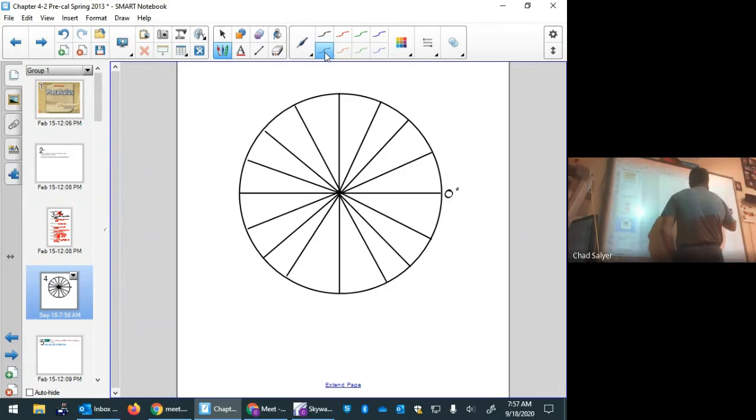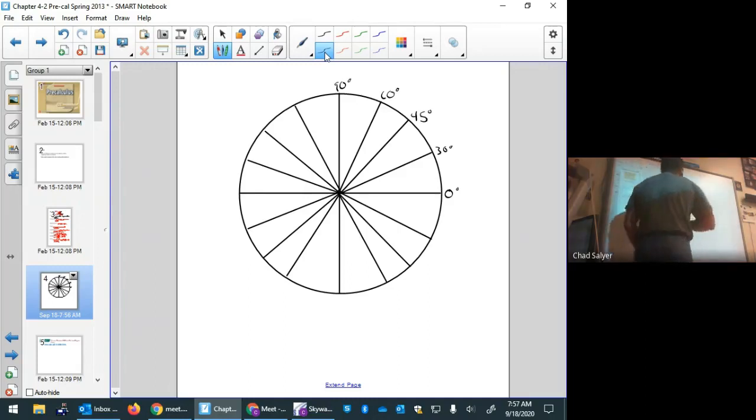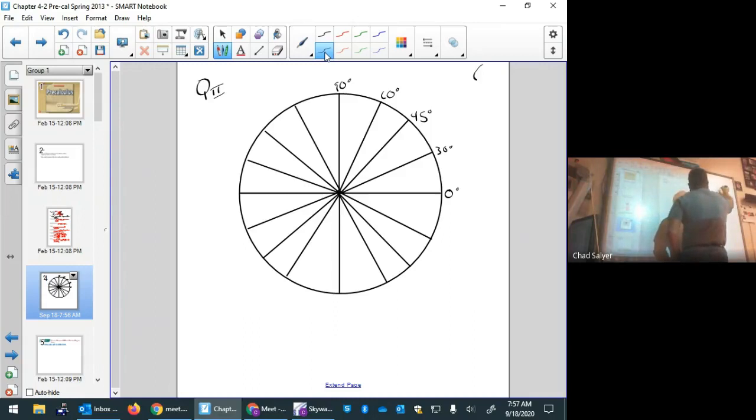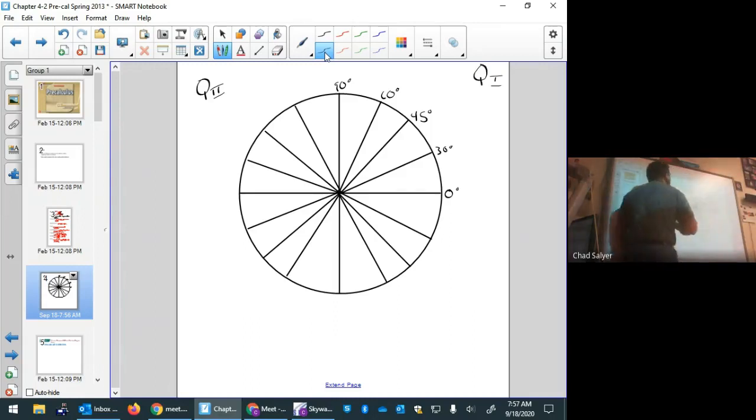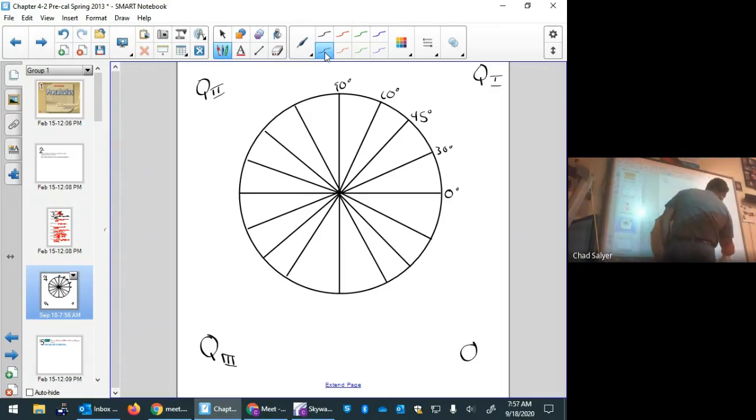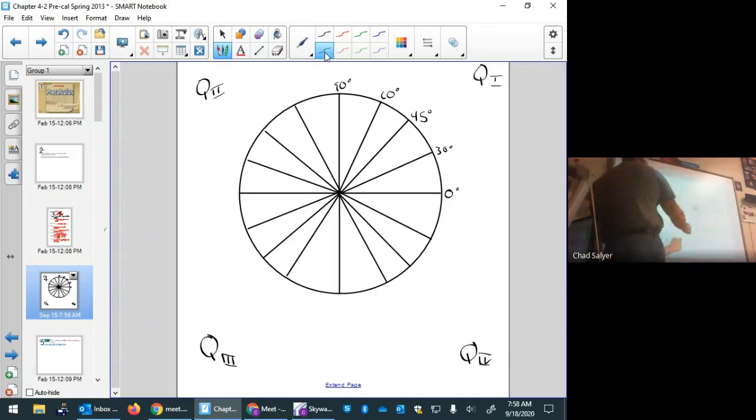So 0 degrees, 30 degrees, 45 degrees, 60 degrees, 90 degrees. And then into quadrant 2. So you should probably also label the quadrants. They go counterclockwise. Like so. 1, 2, 3, 4.